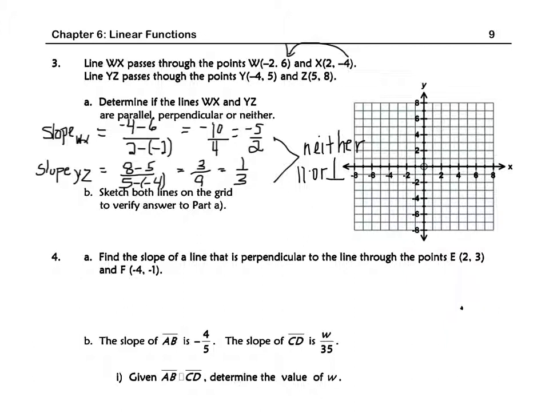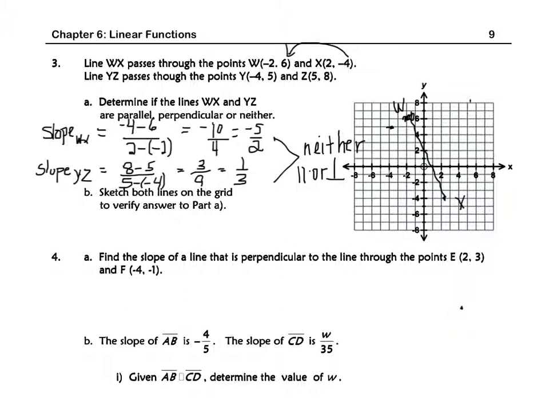So if we sketch the line through the points W and X, -2, 6 is point W, and X is 2, -4. And if we connect those, and then the point -4, 5 for Y would be right here, and 5, 8, which would be over here, 5 and up 8.